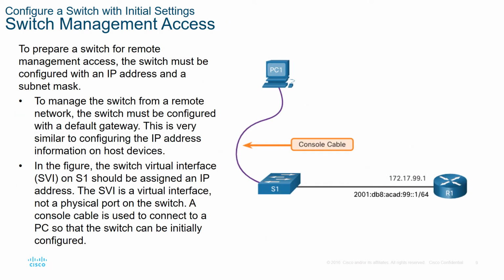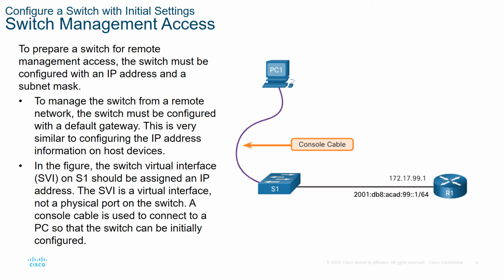Switch management access. Why do we need remote management access? Remote management access allows you to access and manage the switch from a remote location via the network. How to prepare a switch for remote management access?